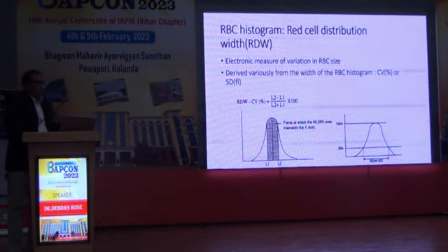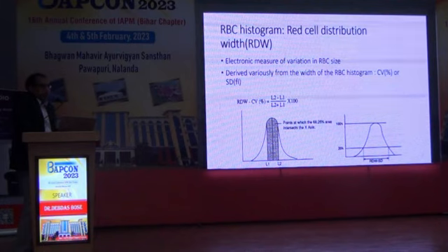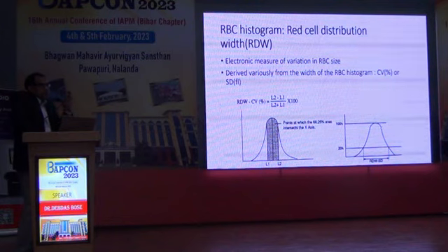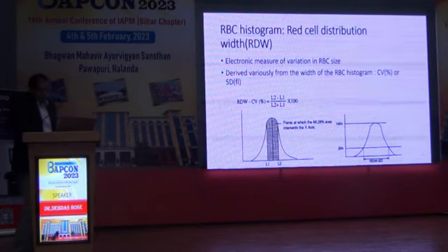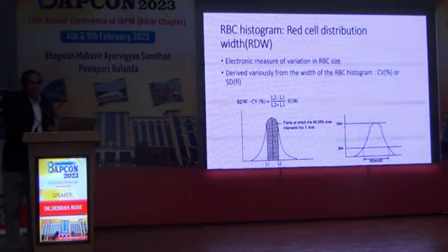Everybody should know whether it is microcytic hypochromic, macrocytic, or normocytic normochromic. So what is the importance of RDW? Most practicing pathologists see that most labs do not give the report of RDW. So RDW is very important. Based on the RDW, we can differentiate the different types of anemia. So what does RDW signify?